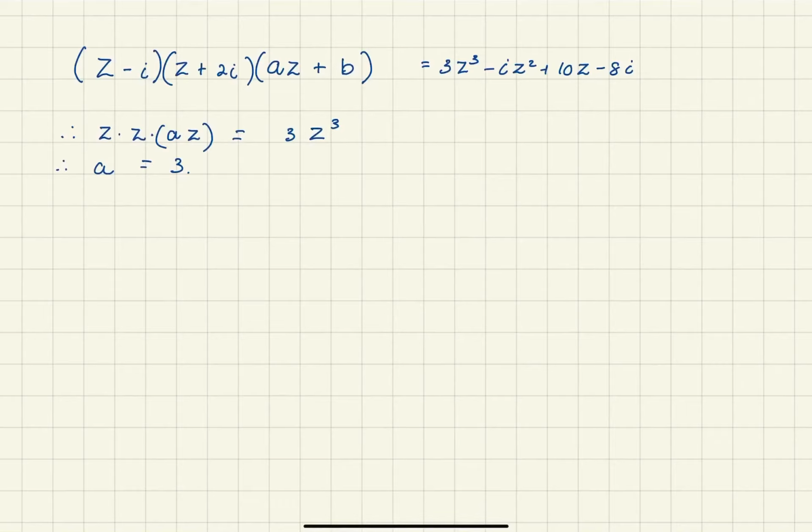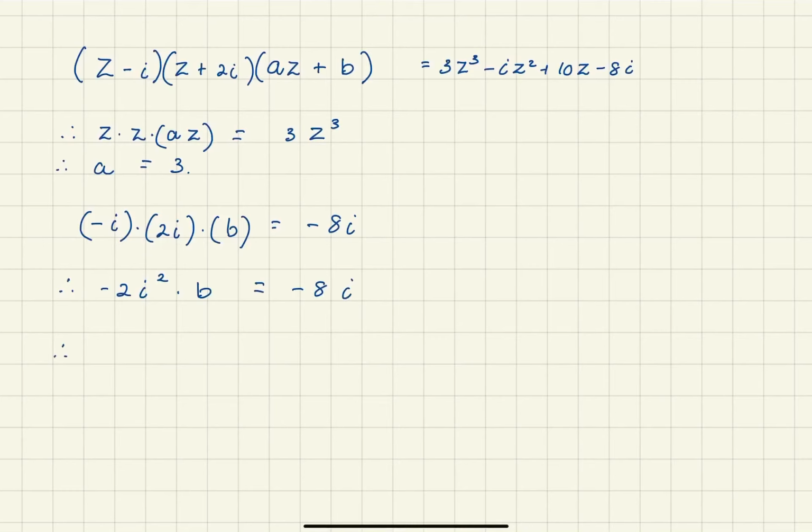This is, like I said earlier, going to use the last times the last times the last equals that last. So we say negative i times 2i times b equals negative 8i. Therefore, negative i times 2i is negative 2i squared. I'm going to have to simplify that and show what that is in a bit, but times b equals negative 8i.